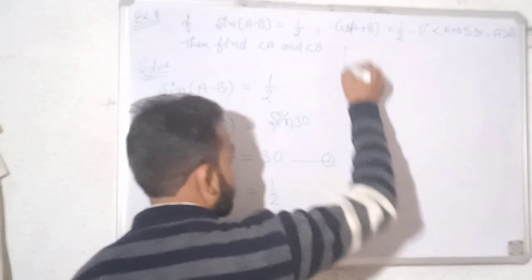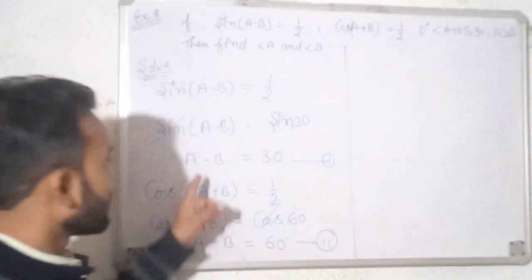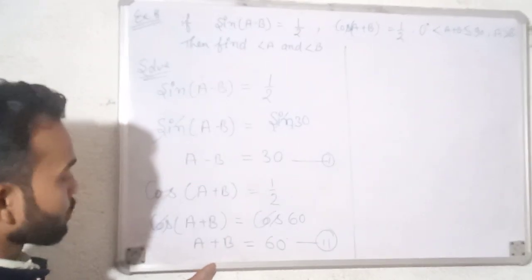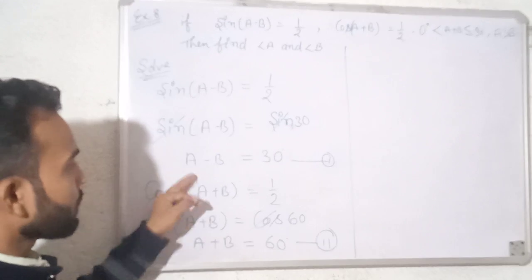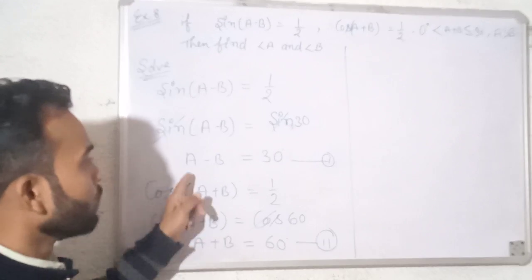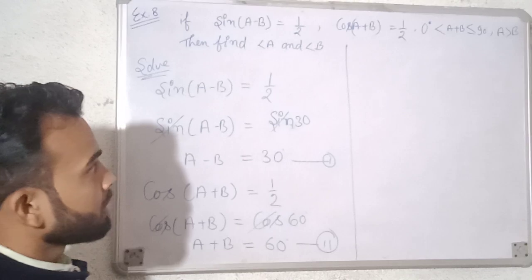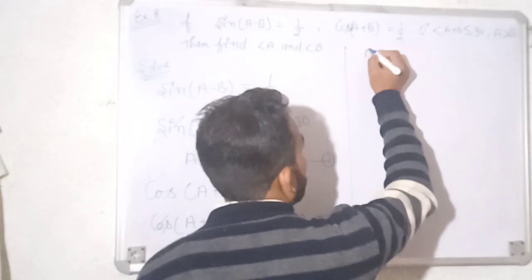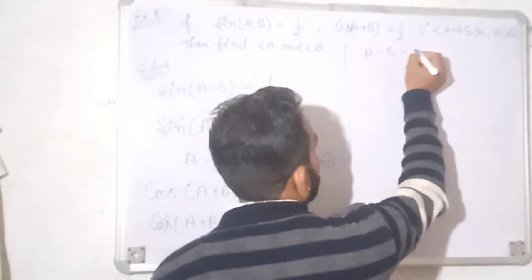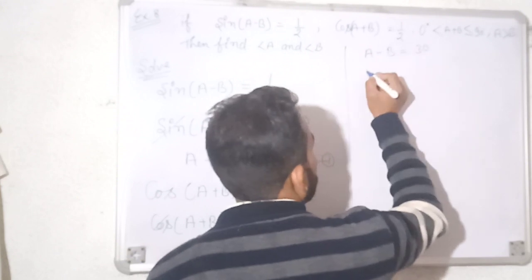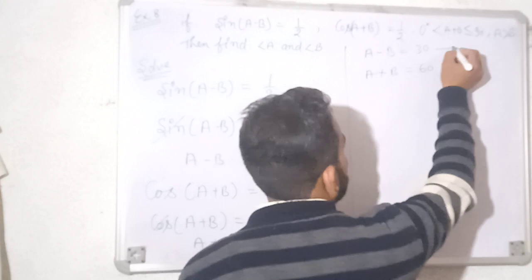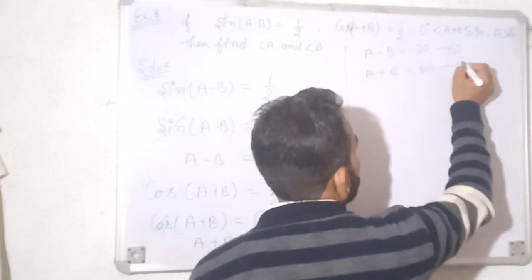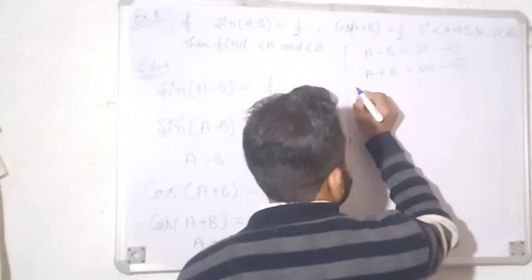Now, from equation first and equation second, we eliminate and find the value of A and B. Here A minus B is equal to 30 degree and A plus B is equal to 60 degree. This is the first equation and this is the second equation.